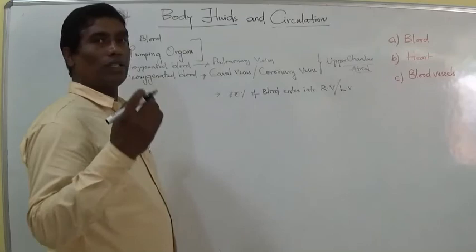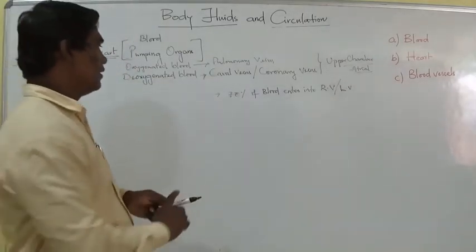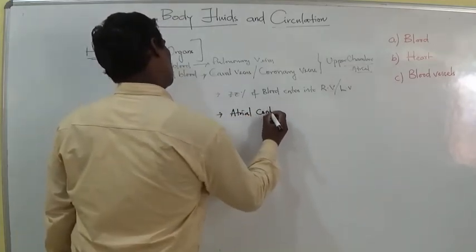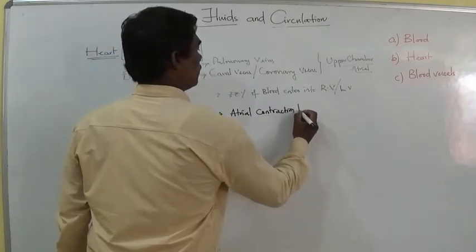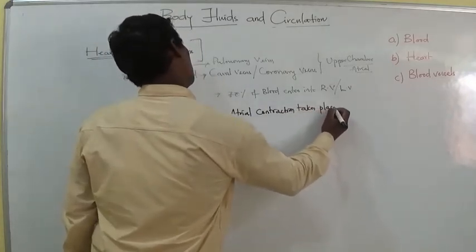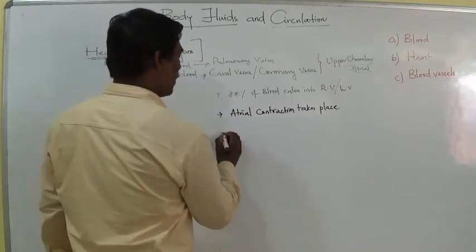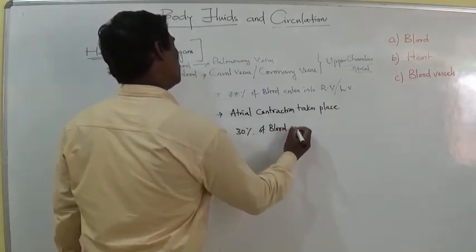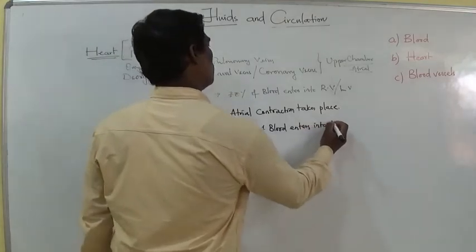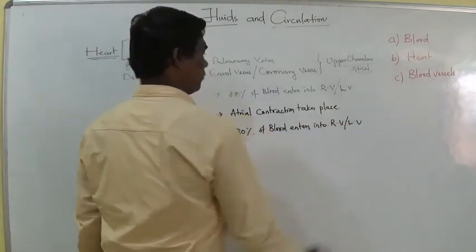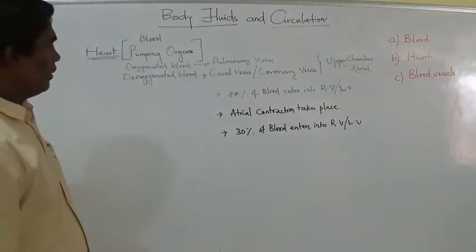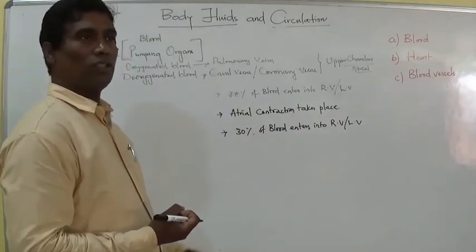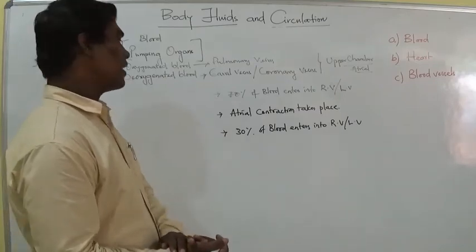At this juncture, once the filling of blood takes place, the atrial contraction takes place, and around 30% of blood enters into the right and left ventricles. The atrial contraction creates an action potential from the sinoatrial node.